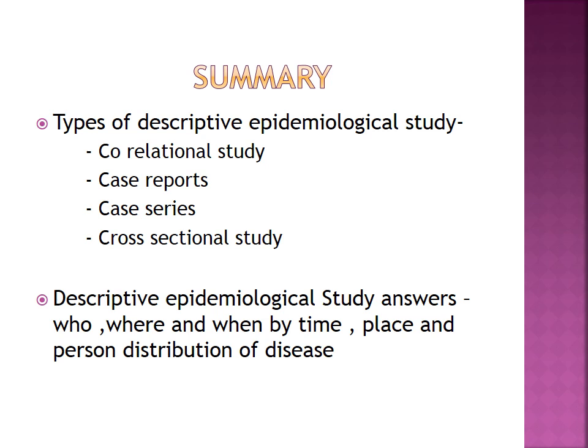The types of descriptive epidemiological study are correlational study, case reports, case series, and cross-sectional study. A descriptive epidemiological study answers who, where, and when by time, place, and person distribution of disease.